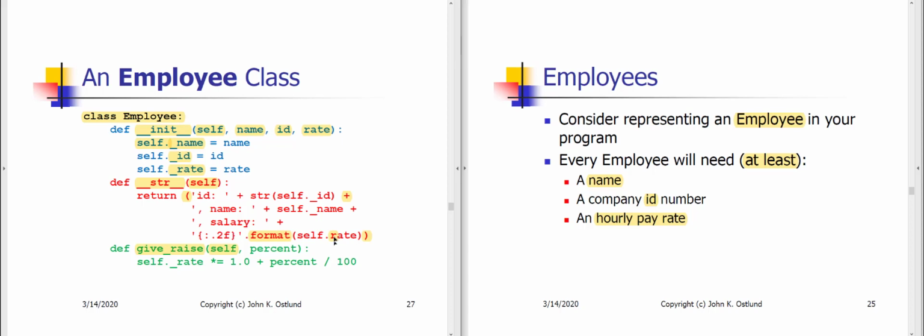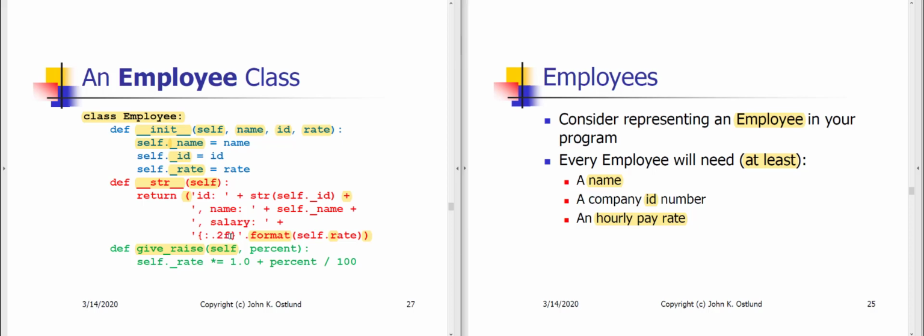There should be an underscore in front of rate there. So that should be self._rate, because underscore rate is the name of the instance variable for the current employee keeping track of the hourly rate. All right, so we're going to format the current employee's underscore rate as a fixed point number with 2 digits after the decimal point.